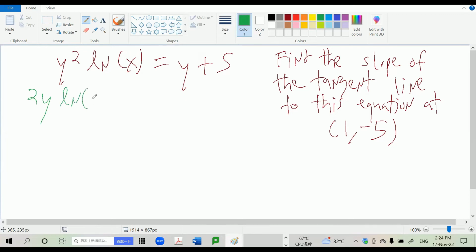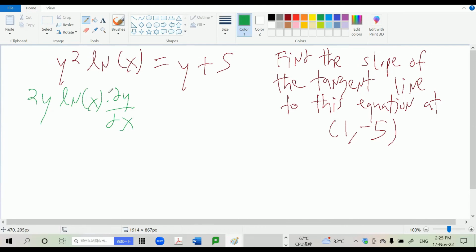I don't do anything with that. Don't forget that since I took the derivative of a y, I need to include dy over dx, to let people know that I already took the derivative of the y with respect to x.